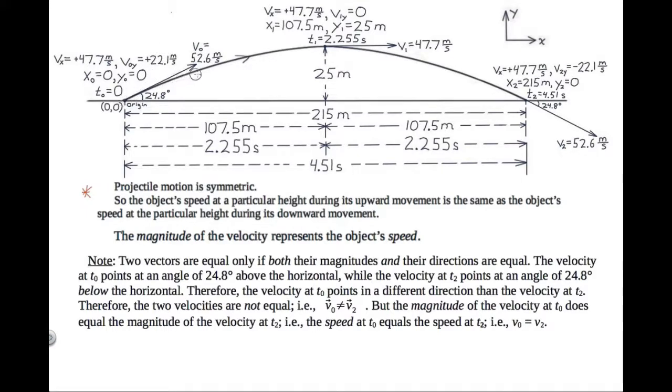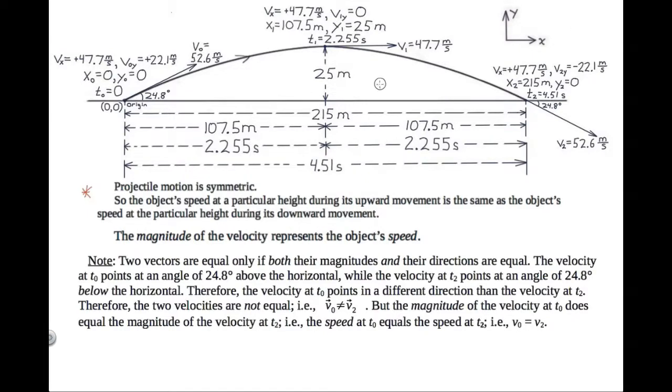As the ball rises through the air, its vertical speed gradually decreases until, at the peak of the trajectory, the ball's vertical speed is 0. Then, as the ball falls back down to the ground, its vertical speed gradually increases until, when the ball hits the ground, its vertical speed is back to 22.1 meters per second.